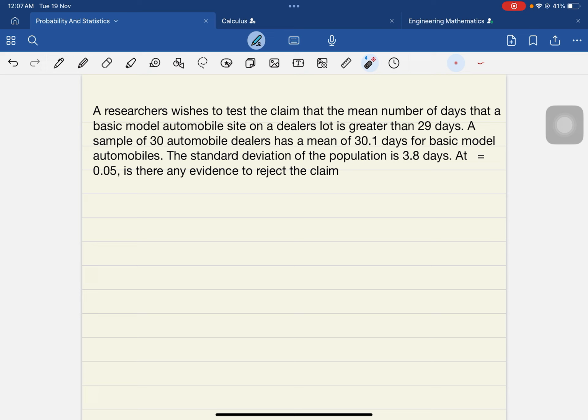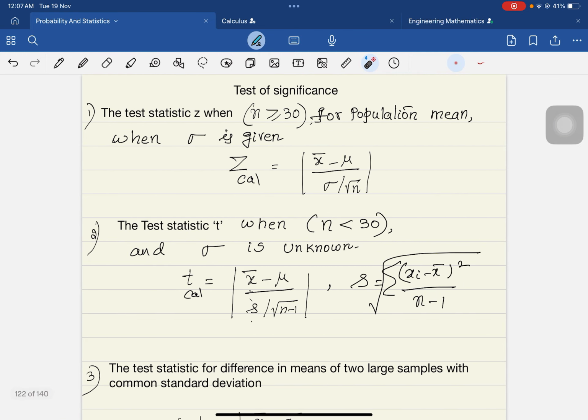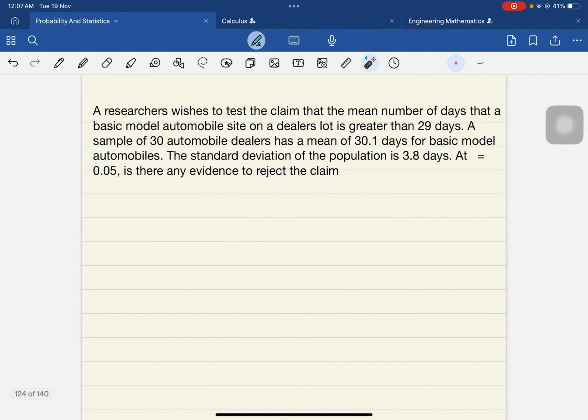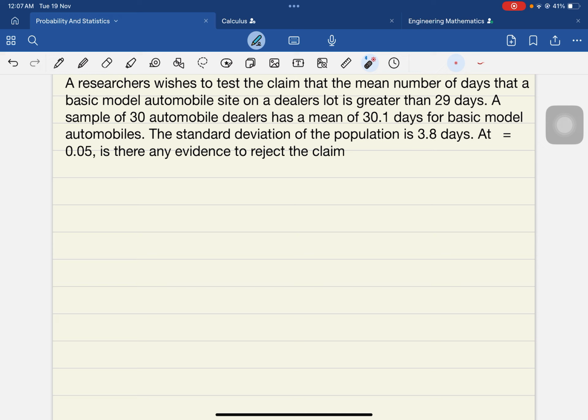What do you mean by 30 automobile dealers? Whenever the sample size n is greater than or equal to 30, it is a large sample, and we use the z statistic. So first thing is n, and we have identified what n is here. Let us now solve this problem. First, n is equal to 30, so it is a large sample. First thing you have to understand that.